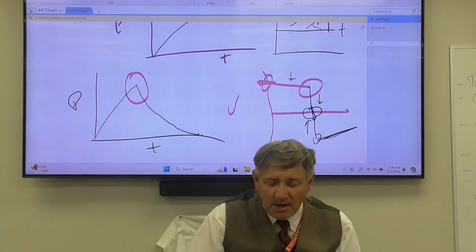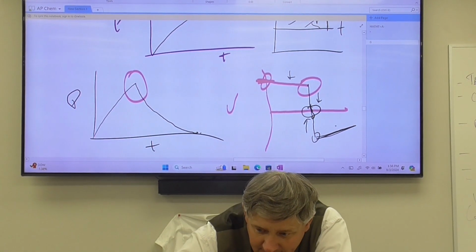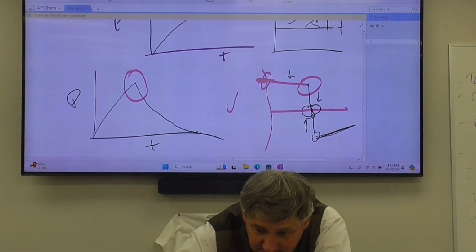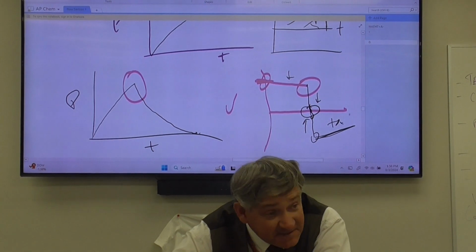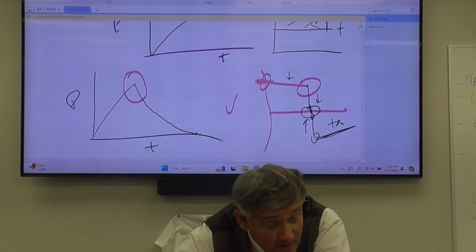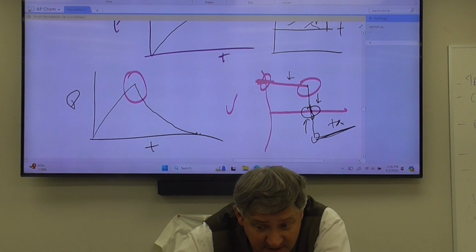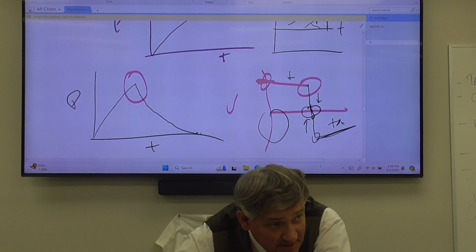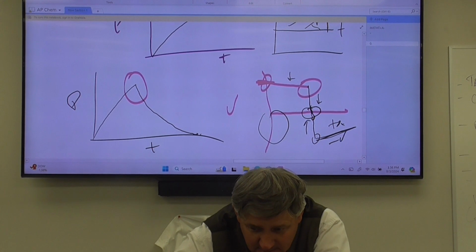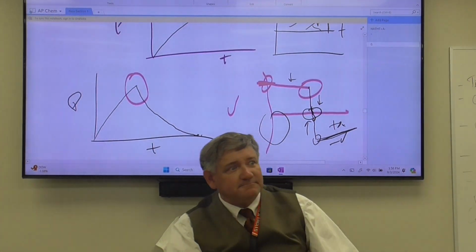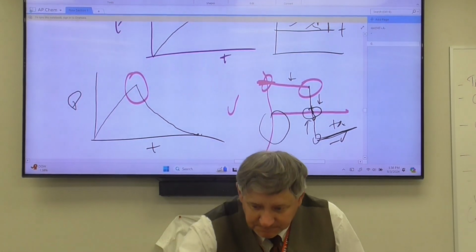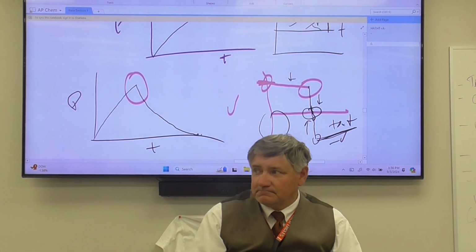Positive, because acceleration's increasing. Well, at least I have a positive acceleration. But I have a positive acceleration with what sign of the velocity? Negative. Therefore, it's slowing down. Okay? Go with that.